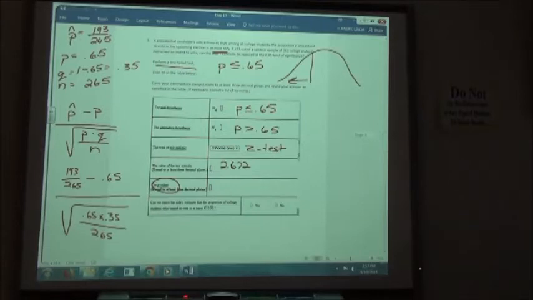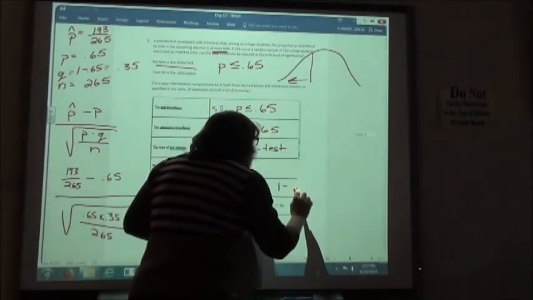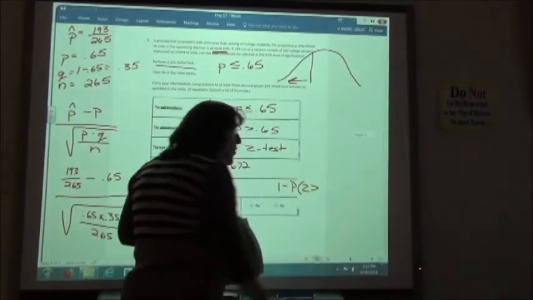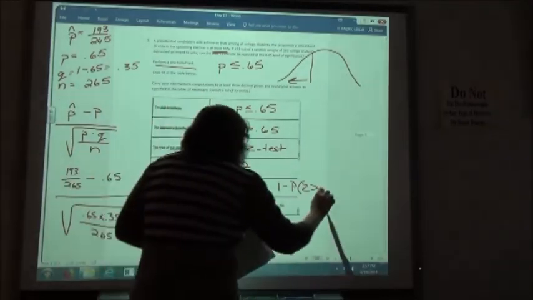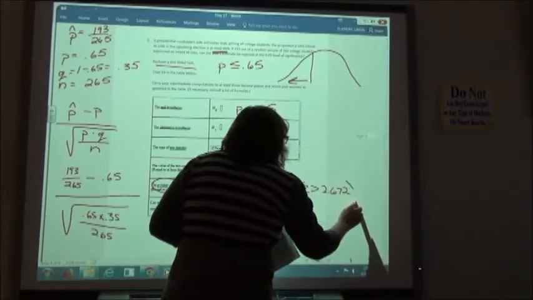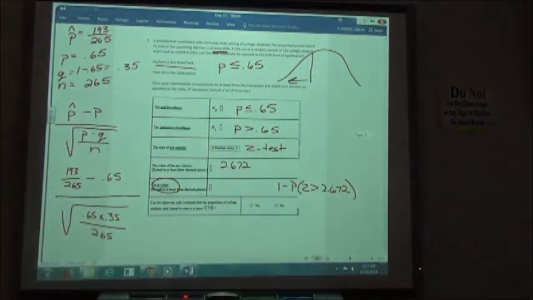Since we're trying to test less than, we have to do the 1 minus in front. 1 minus p of z is greater than, because we want the less, and the calculator does the greater. The test value is 2.672. So you have to keep in mind, when you're looking at that calculator, which way it's testing. Most of the tests are greater than. If you're doing less, then you do 1 minus that.